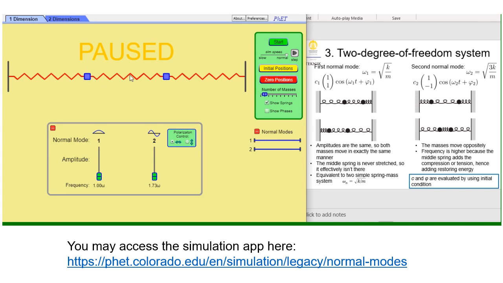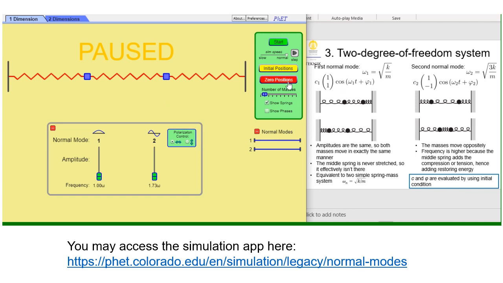So we have these two masses connected with three springs, as is the common case of two mass system. Now, bear in mind that this is the case of two degree of freedom system. And of course, because we have two masses, we are going to have two normal modes corresponding to two different frequencies.